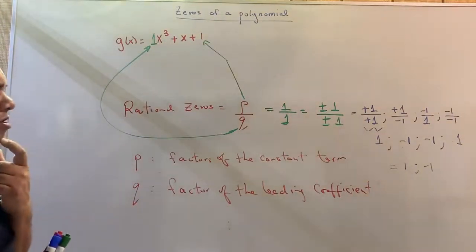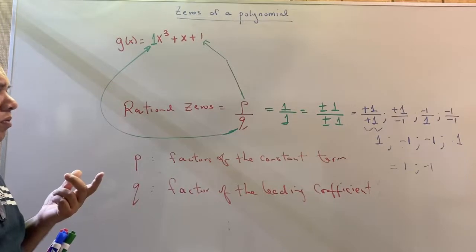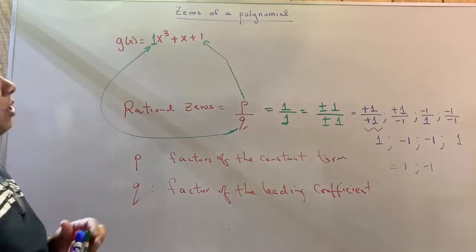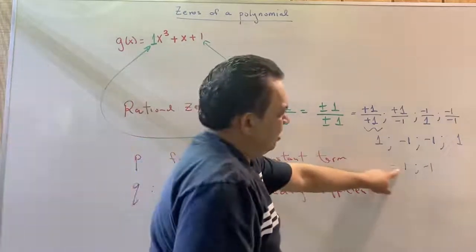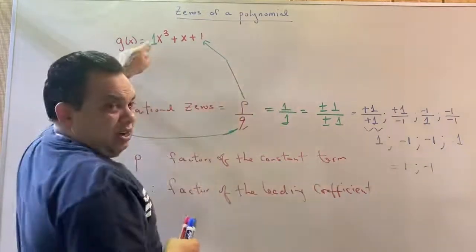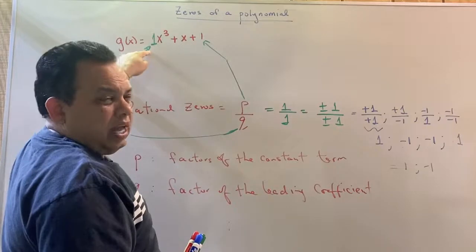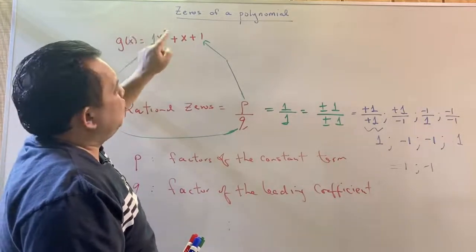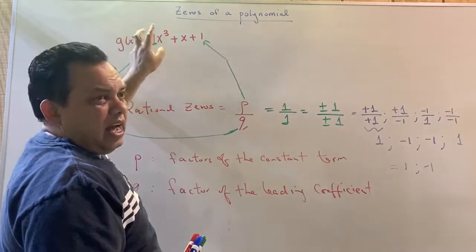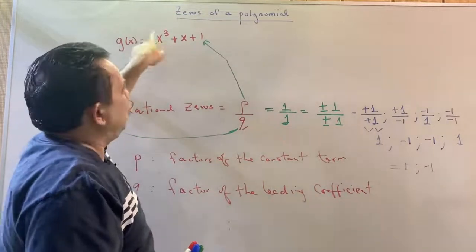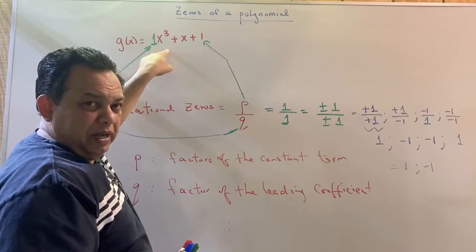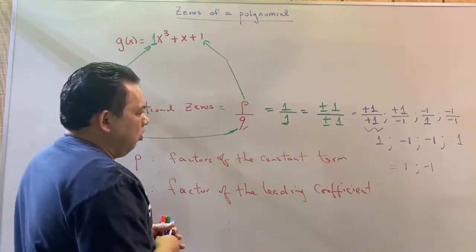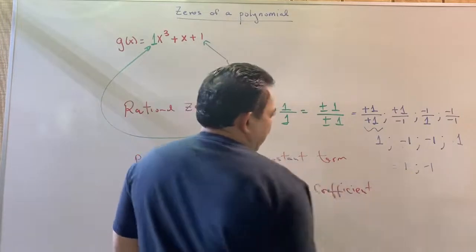So that's the idea behind rational zeros, and you will see how that helps, because if one of these is a rational zero, then I know what the factor is. And if I know what one factor is, then that factor times some quadratic, when multiplied, would be equal to this. So how do we know if 1 is a factor?